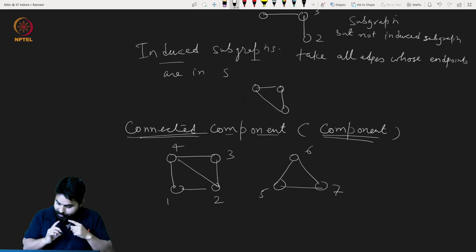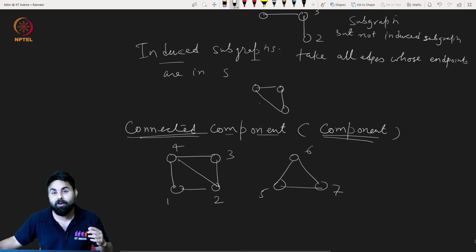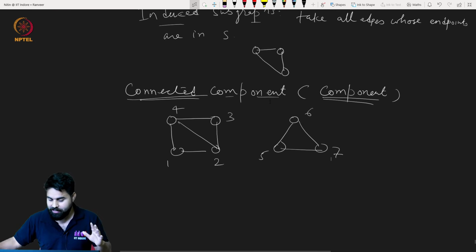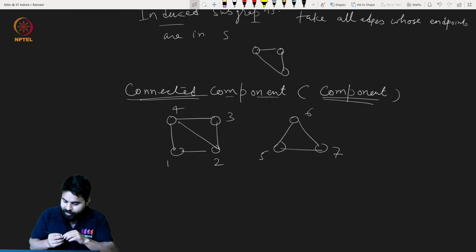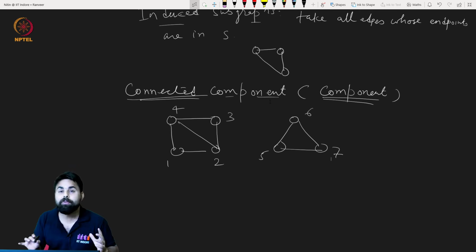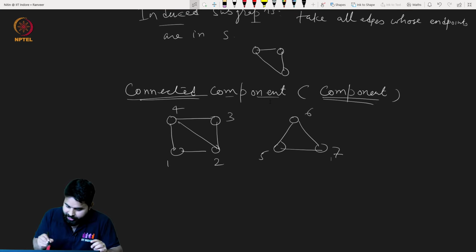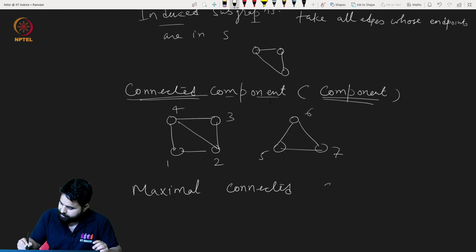But don't get carried away by only this much of a definition. Let me formally write what the definition is, and then I will tell you what is the beauty about it. So it's a maximal connected subgraph.